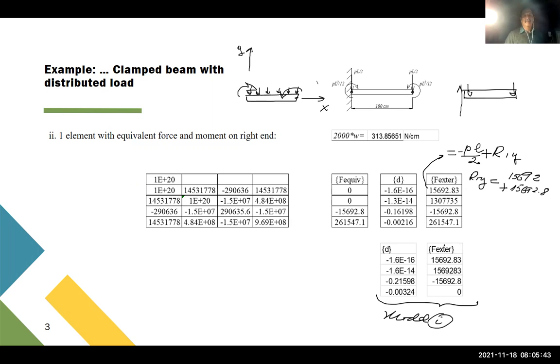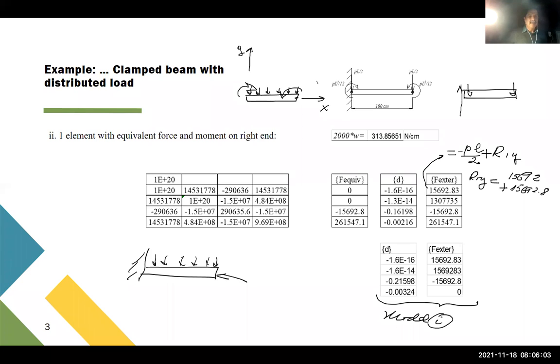There is a problem here. People, what's the boundary condition on the right end in this case, in the correct one? So I have this, I have that. What's the boundary condition here?